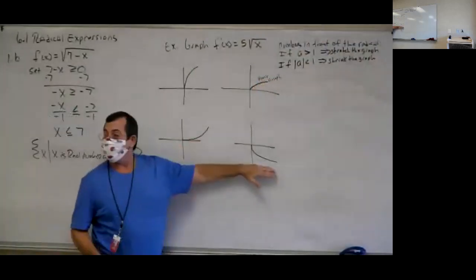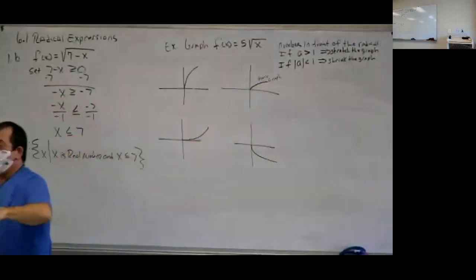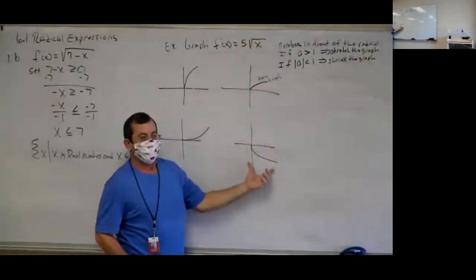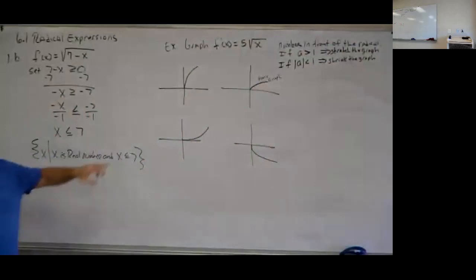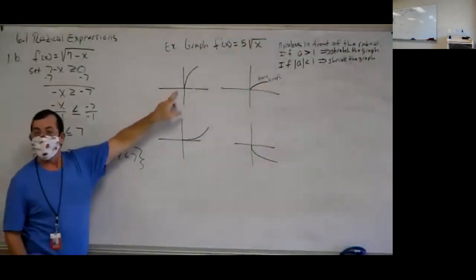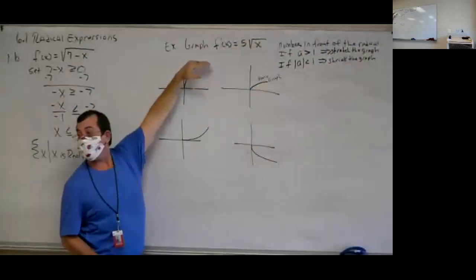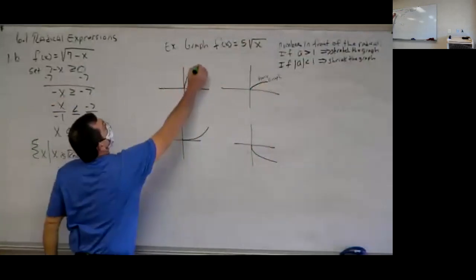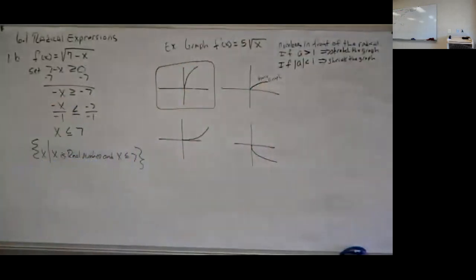The only way to get this one is if they do a negative in front. Remember, the negatives reflect them. So the only one that looks like they stretched it would be my first one. They took the normal graph and it sort of stretched up by a factor of 5 when they do that 5 in the front. So I would go with that one, okay?